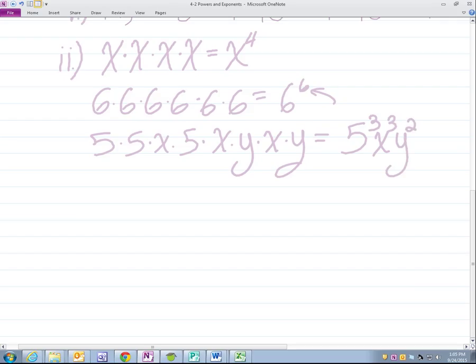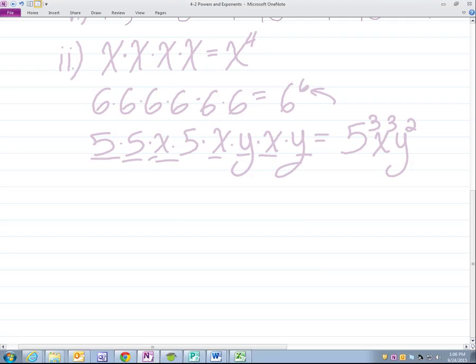And to the third is called cubed, and to the second is called squared. So it's cubed and squared, because there are 3 x's, 1, 2, 3, and there are 2 y's, 1, 2. So that takes care of all those. That's what it's called for exponential form.